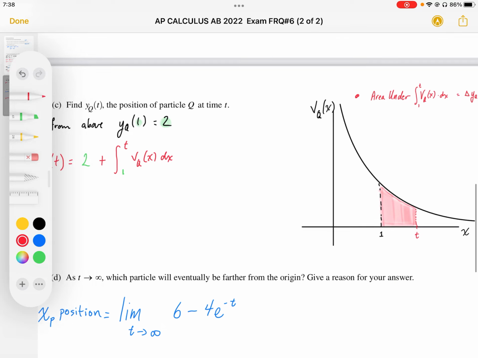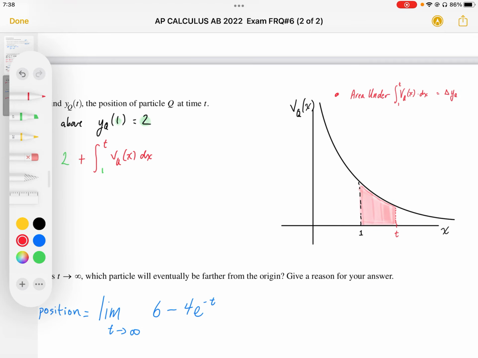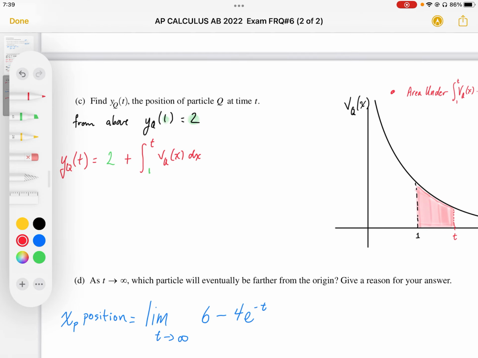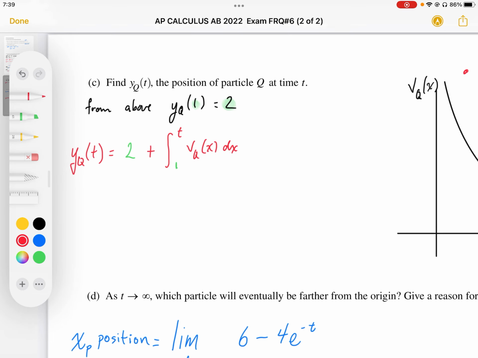As we move along the t-axis here, as we increase our time, we're going to calculate the area underneath the velocity graph to figure out how far we've moved from that initial position of t equals 1, y equals 2. So there's our equation.